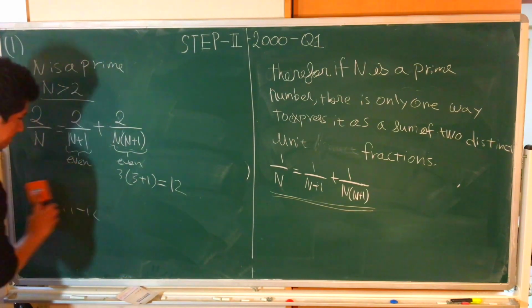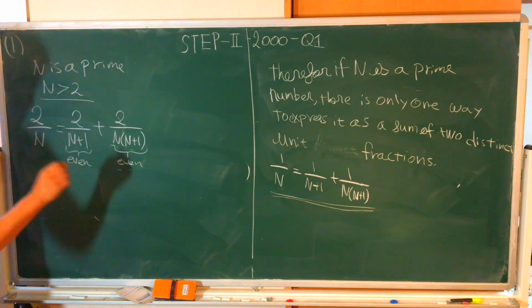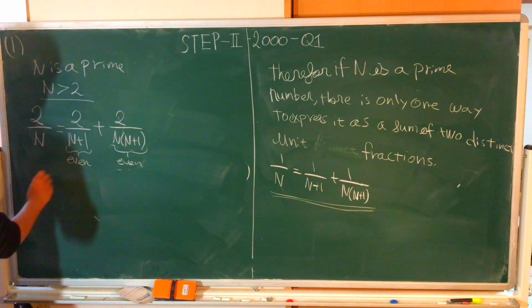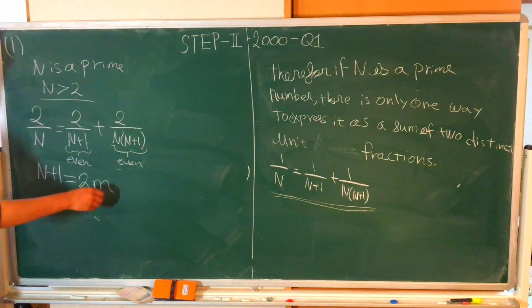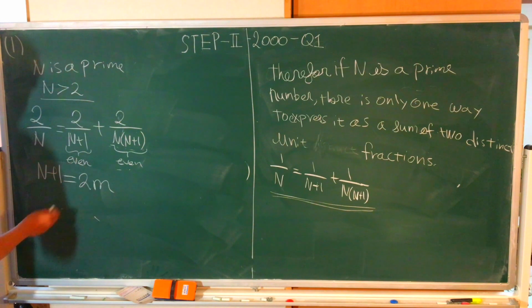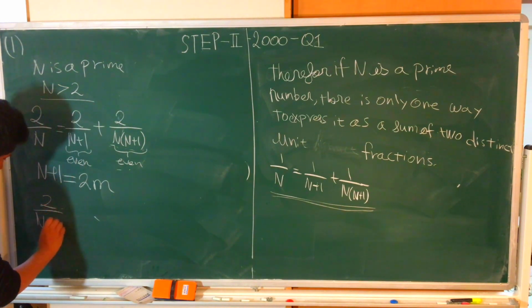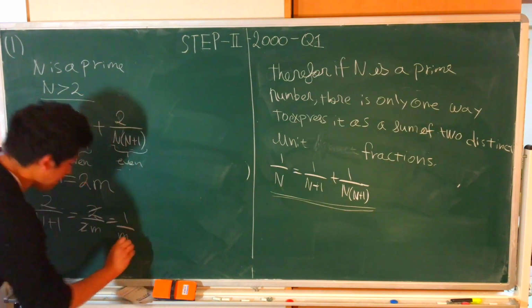So if both of these two numbers are even, then if n plus 1 is even, it's going to be some number 2m, where m is an integer. So 2 by n plus 1 becomes 2 by 2m, the 2 cancels, and we have 1 by m.